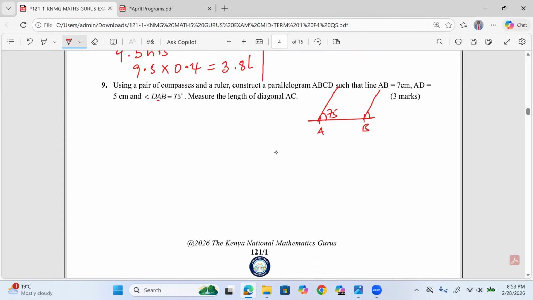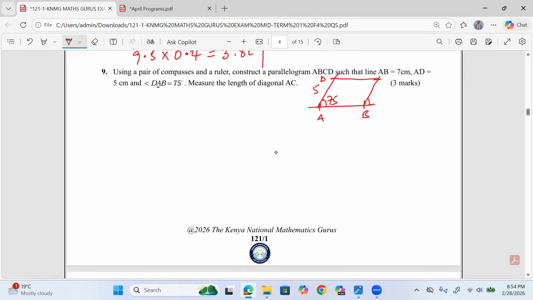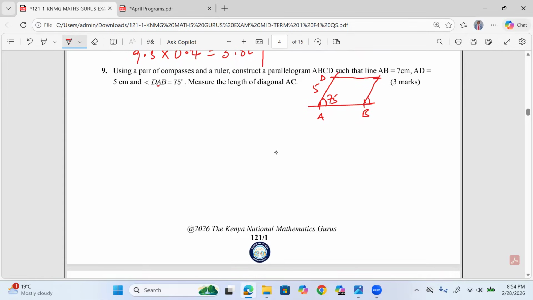The length from A to D is 5, and we also measure another 5 here because it's a parallelogram, meaning opposite sides are equal and parallel. So we are constructing an angle of 75 at point A. It's good to make a sketch. A sketch will enable you to visualize the information.